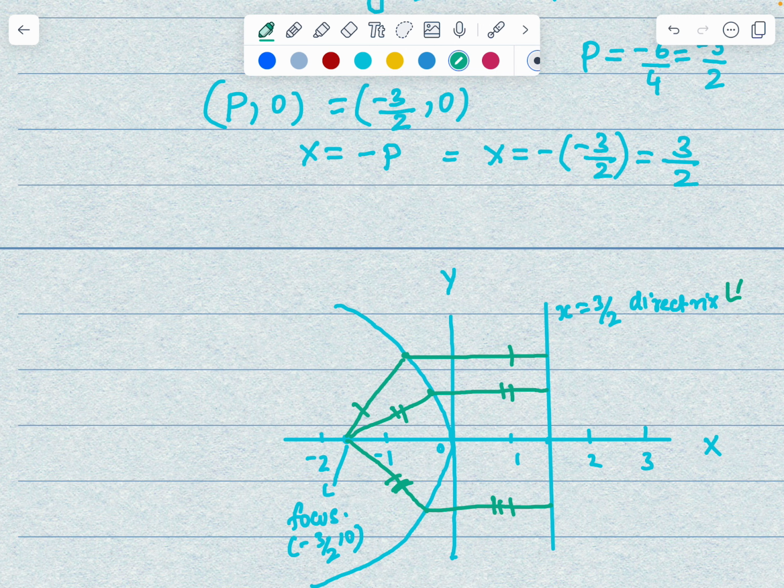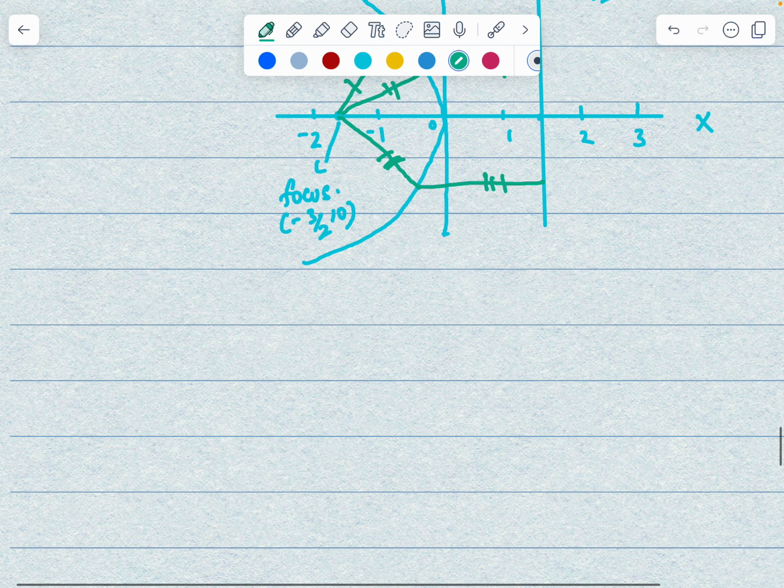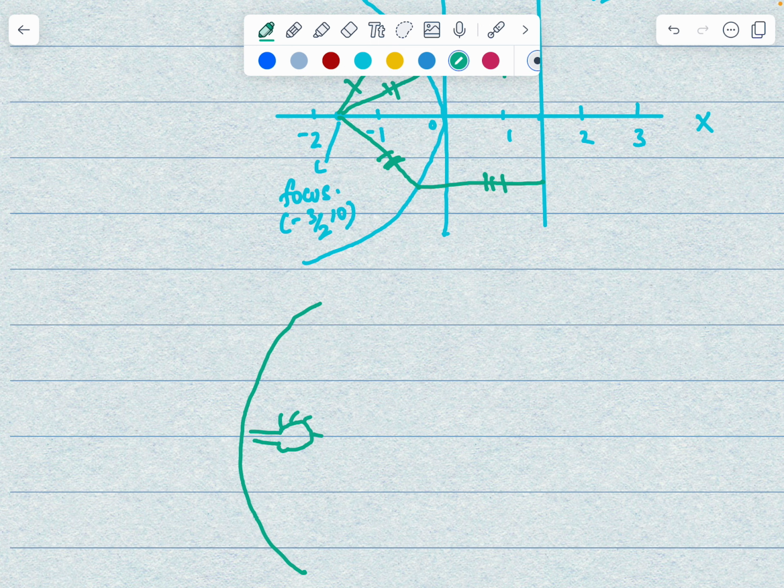The one other kind of word problem that you might get with parabola has to do with a satellite dish, or sometimes a light reflector. So it will be like this. A parabola is drawn like this, and then you have a light source, which is called the focus.